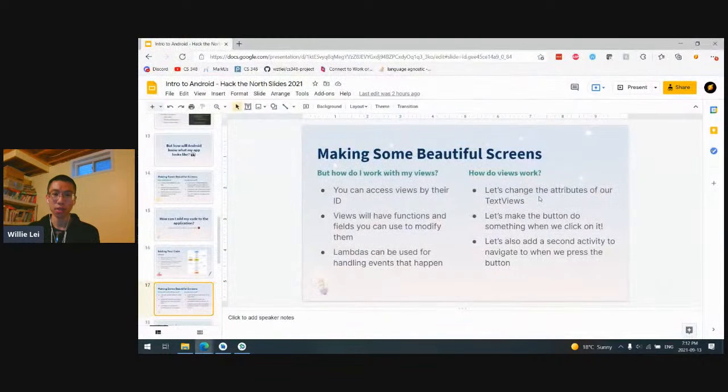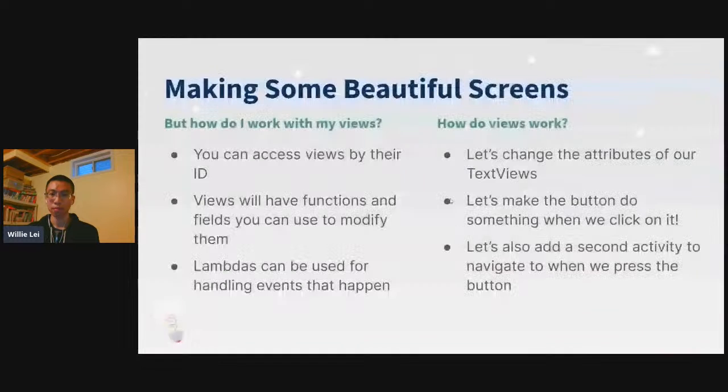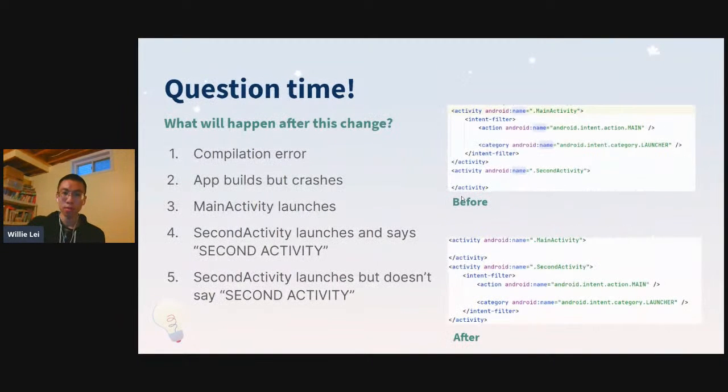So going back to the presentation. A bit of a question for you guys. I know that I haven't really discussed this, but in the Android manifest, you notice that there's an intent filter. Can anyone guess what happens if I make this change?